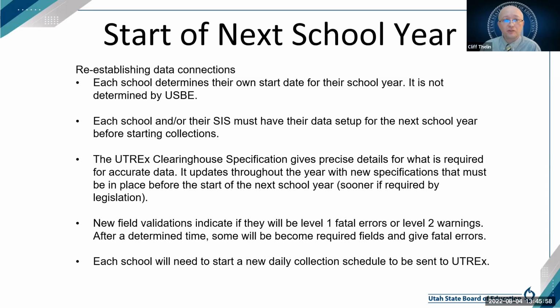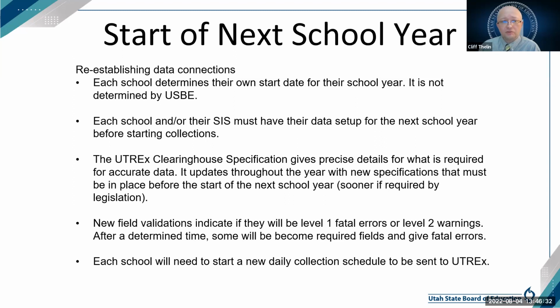The UTREx clearinghouse specification gives precise details for what is required for accurate data. It updates throughout the year with new specifications that must be in place before the start of the next school year. And that can be required sooner if required by legislation, which again will make communication known if that does become the case. But typically your goal would be to make sure that it's in place for the next school year.